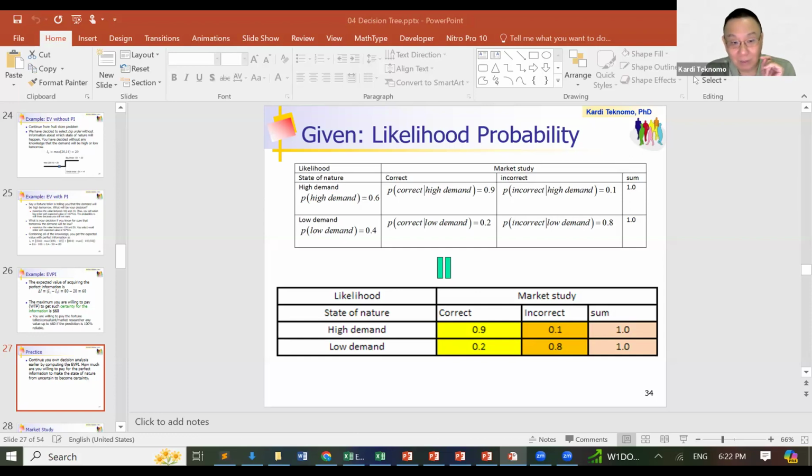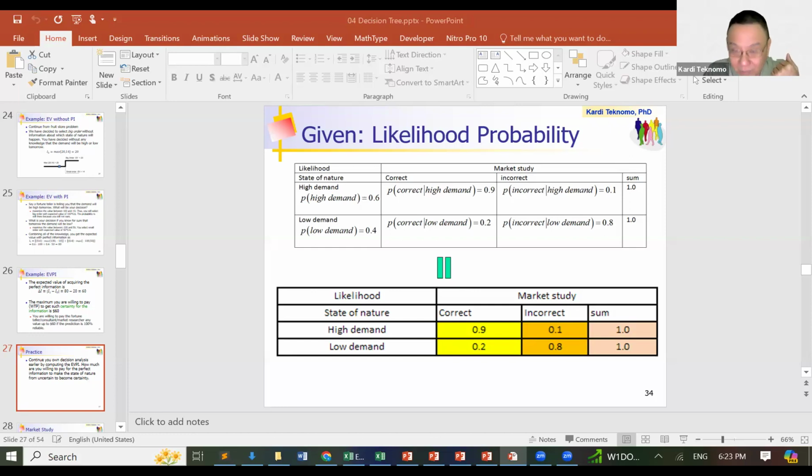I will put here 0.9. What's the meaning of 0.9 here? The meaning is you have high demand and your market study is correct. And you have low demand and your market study is correct. This is the one that is given.